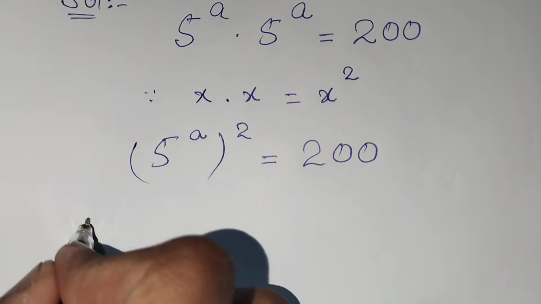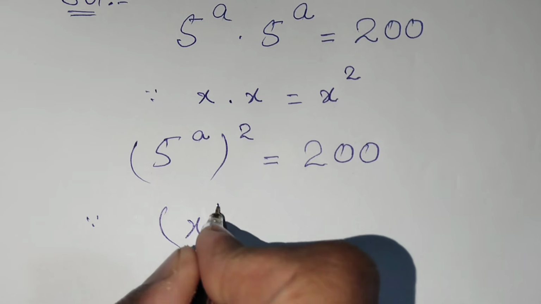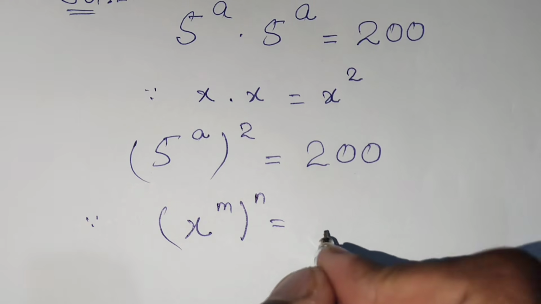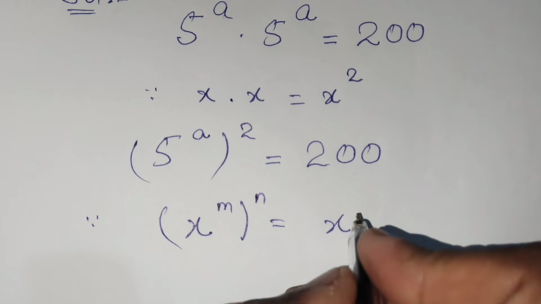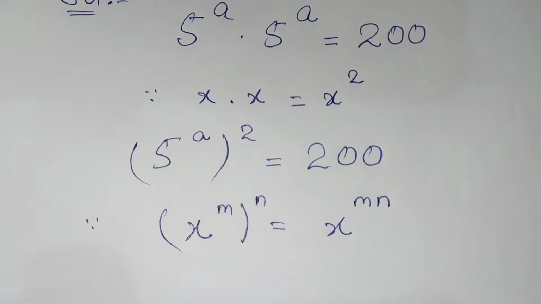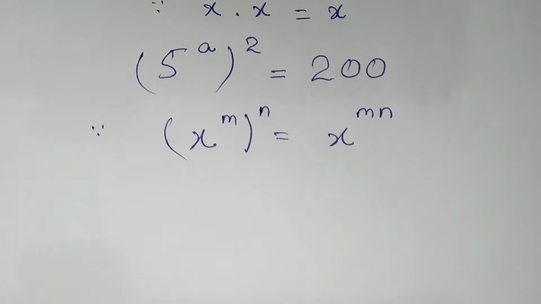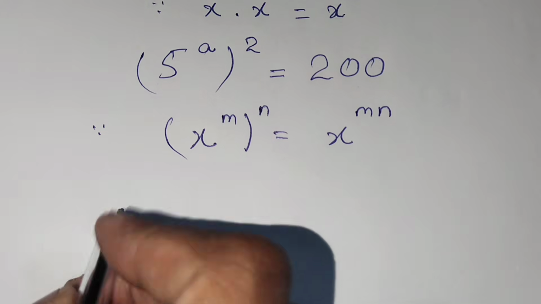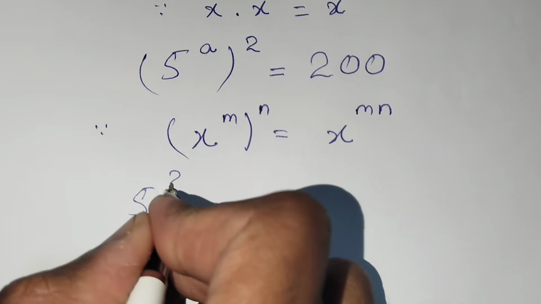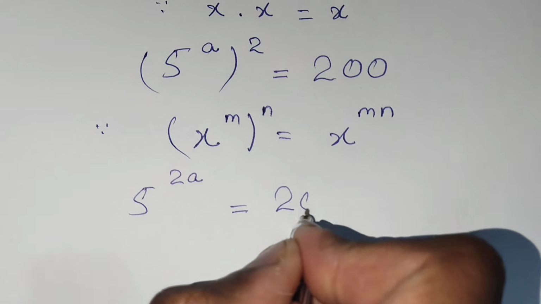Now we also know that (x power m) whole power n is equal to x power m times n. So we have 5 power a times 2, which is 2a, is equal to 200.